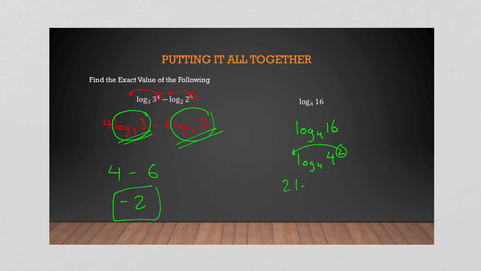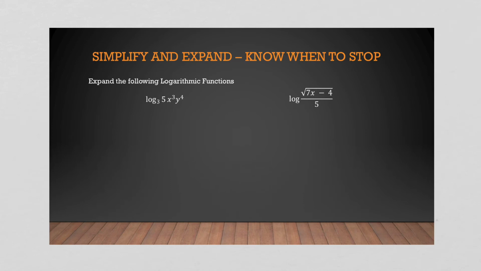We get 2 log base 4 of 4, and cancel, cancel. We're just left with 2. So you can see that these rules all start intertwining, and we start doing some pretty fantastic stuff with them. There are plenty more examples in your notes, but I just tried to cover a good sampling here.